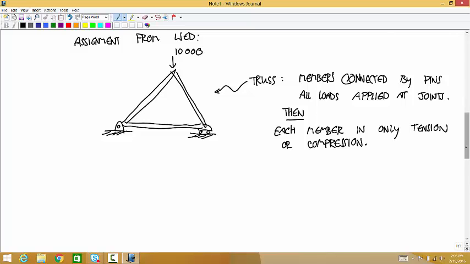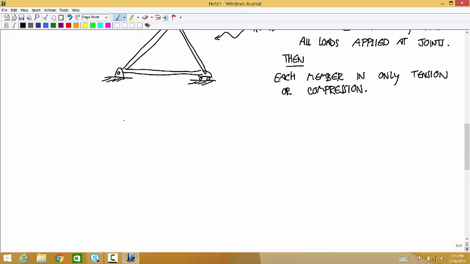So once you solve the truss, you'll have something like this. Let's see, in this case that would be in compression. You can figure out what that value is. I don't know what it is.